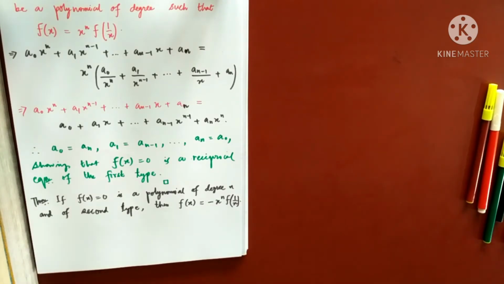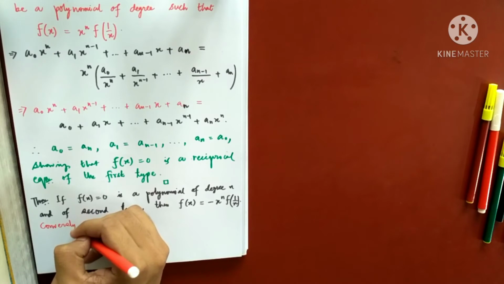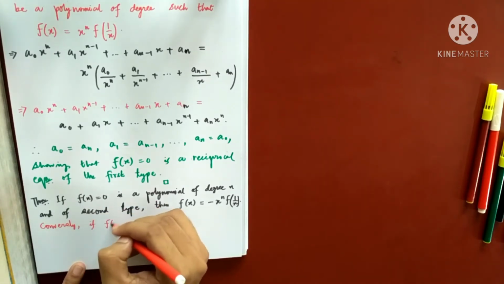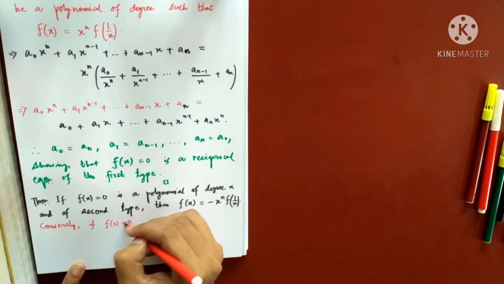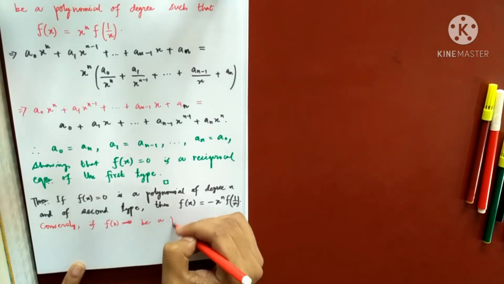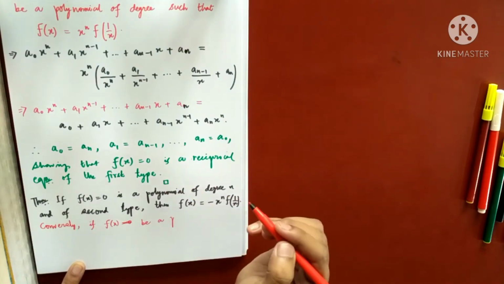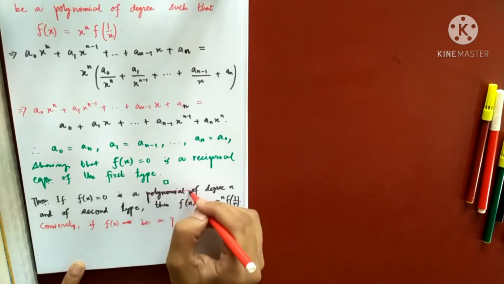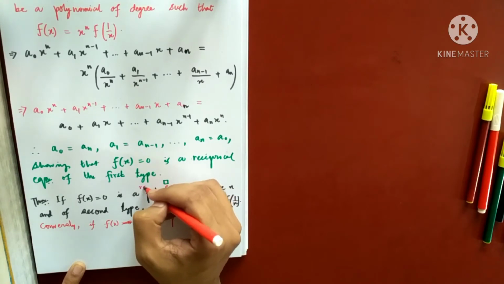And conversely also the same thing. So conversely, if f(x) be a polynomial of degree n, no, I made a mistake. If f(x) equals 0 is an equation, not polynomial, because I am taking 0, reciprocal equation.